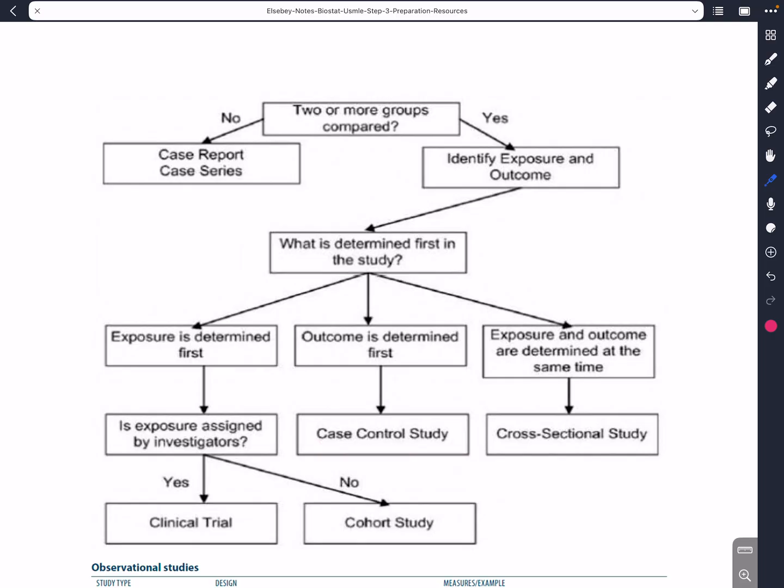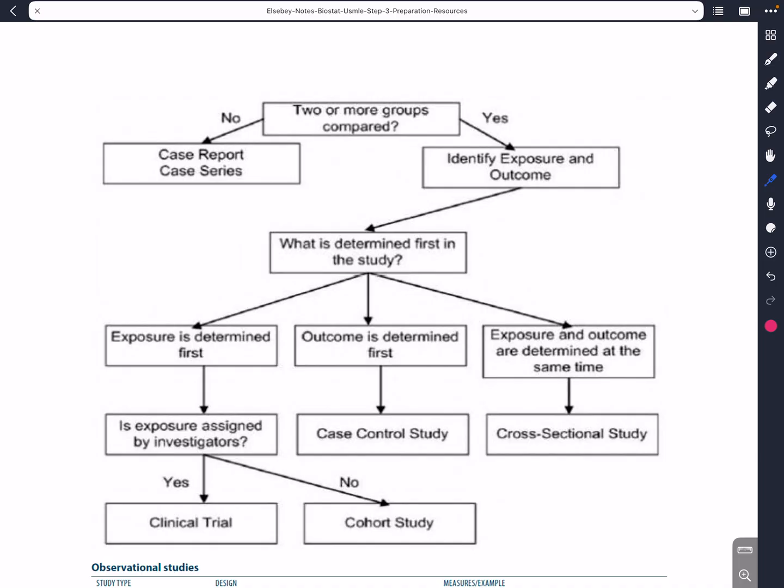So let's see, if exposure is given to you first and you are still looking for exposure and outcome, but the exposure is not assigned by an investigator, that would be a cohort study. So in a cohort study, the exposure is not determined by investigators.